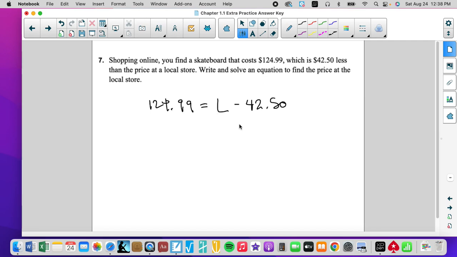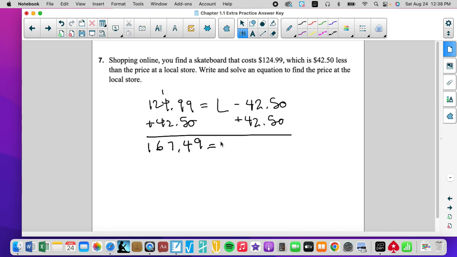So let's isolate the variable. We're going to add 42.50 to both sides, and we get 9, 4, carry, 7, 6, 167.